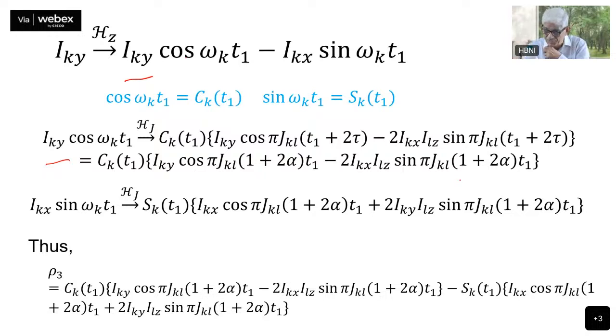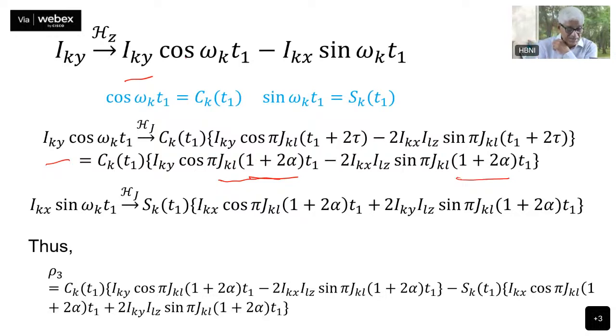Now this becomes a factor multiplying T1 with regard to the coupling constant. When you Fourier transform, the computer doesn't know that Jkl is separate from this. You will consider the whole thing as the coupling constant, Jkl into (1 plus 2 alpha) as the artificial coupling constant. That is what will happen when you do the Fourier transformation. It will appear that this is the entire coupling constant, multiplied by T1.